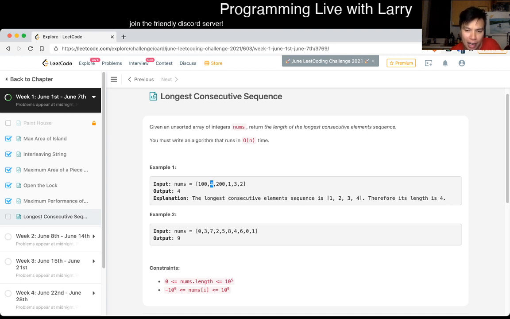And it's a hash set, but it still doesn't answer the question. Okay, 4, right? You can't really afford to look for a lot of numbers, so you can only look for 3 and 5. But what does that tell you, right? That means that 3 exists, 2 exists, 1 exists.